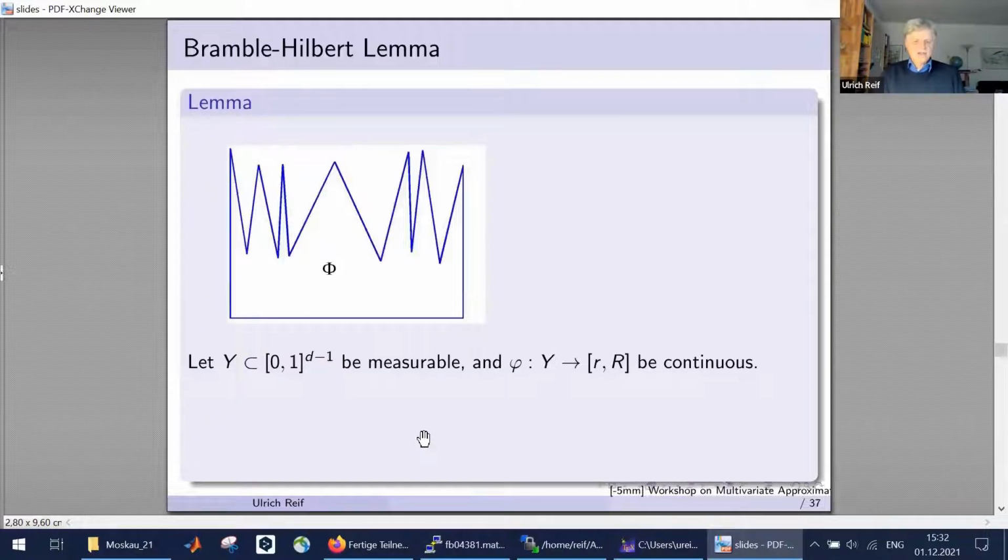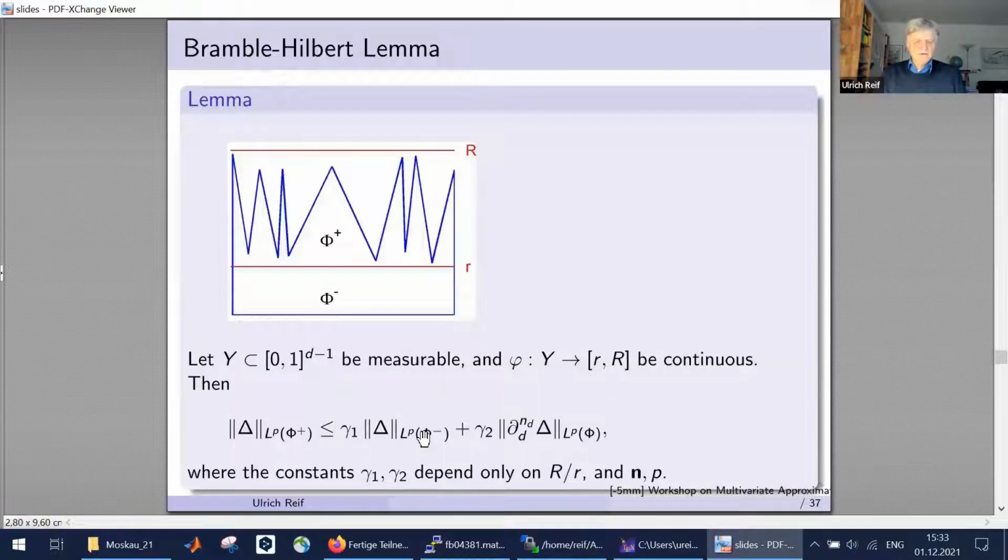I think I should skip the proof because otherwise I'm running out of time. Perhaps only the following remark. It's based on the following lemma. If you have a domain which is bounded by a graph of a continuous function, and you know that the function is bounded on this lower part here, which is denoted by capital phi minus, so on this box here, you have a bound on the L^p norm, and you have a bound on the L^p norm of the partial derivatives in the direction of the graph.